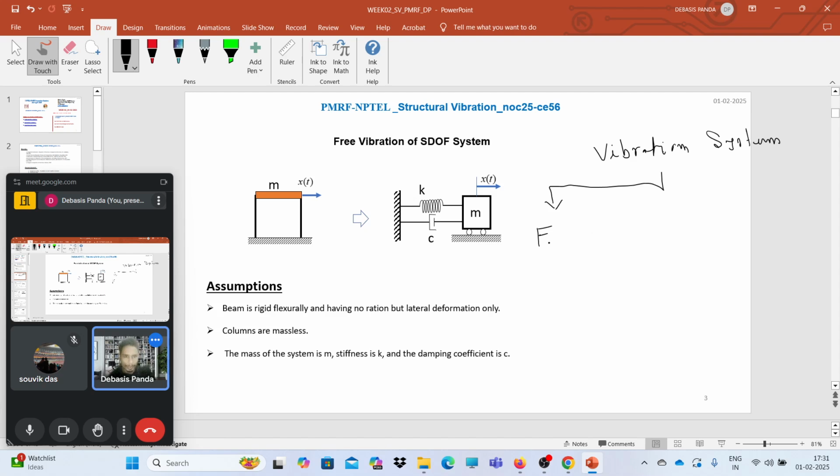Second is the forced vibration case, where the vibration occurs due to the influence of external loading.